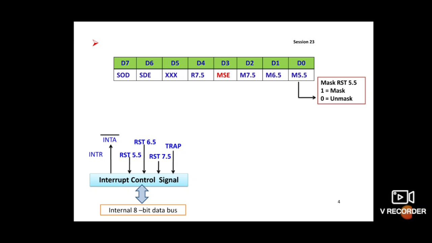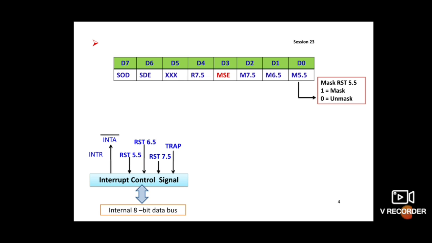So see here: TRAP, RST 7.5, RST 6.5, RST 5.5, INTR. Student, what is this? This is a hardware interrupt. Now see what is the relation between these interrupts and these M5.5, 6.5, 7.5 and R7.5.